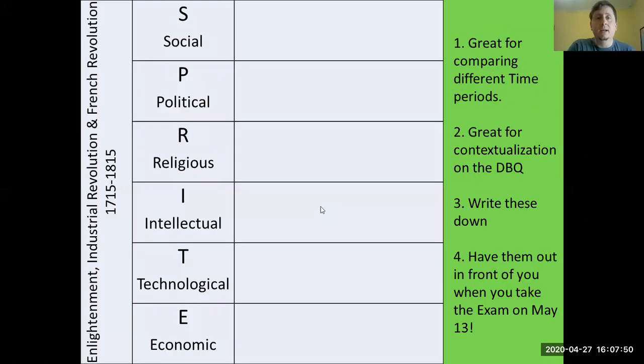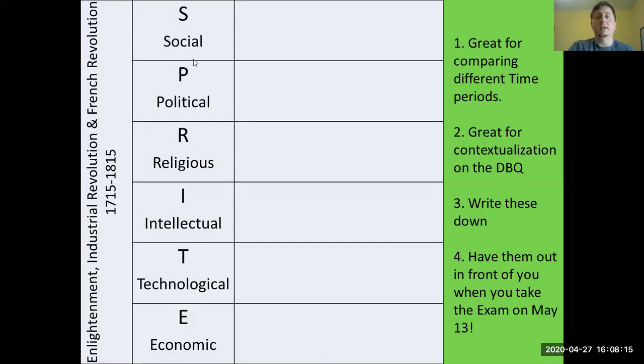Here, let's take a look. So these sprite charts, remember, cover social, political, religious, intellectual, technological, and economic categories. These are great for comparing different time periods, great for contextualization on the DBQ. So you're going to need to write these down. You can either use the PDF that I put on Classroom, or you can use your own pieces of notebook paper, whatever works best for you.